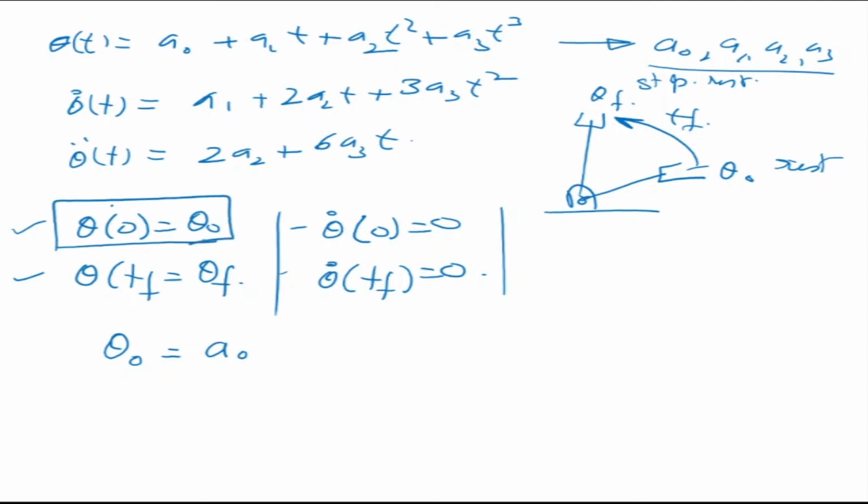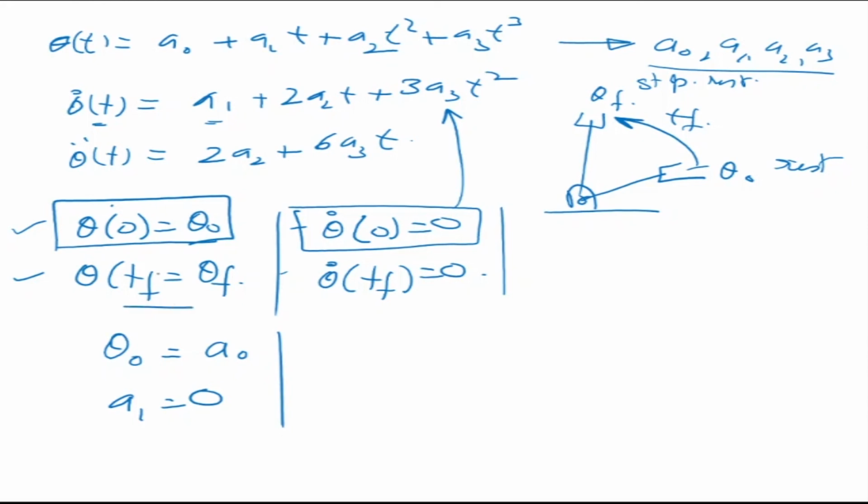So a naught is equal to theta naught, and I get the first constant. Then if I put the second condition into the velocity equation, at time equal to 0 velocity is equal to 0, so t is equal to 0 and a1 is equal to 0. So this constant a1 will become equal to 0. So I've got two of them straight. Then I have two more equations.